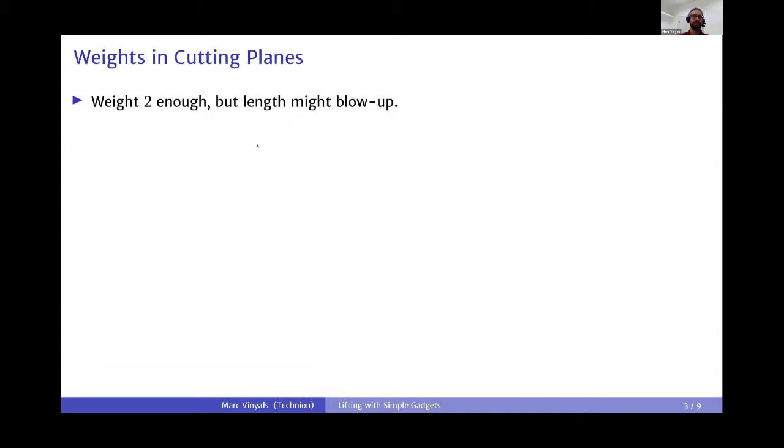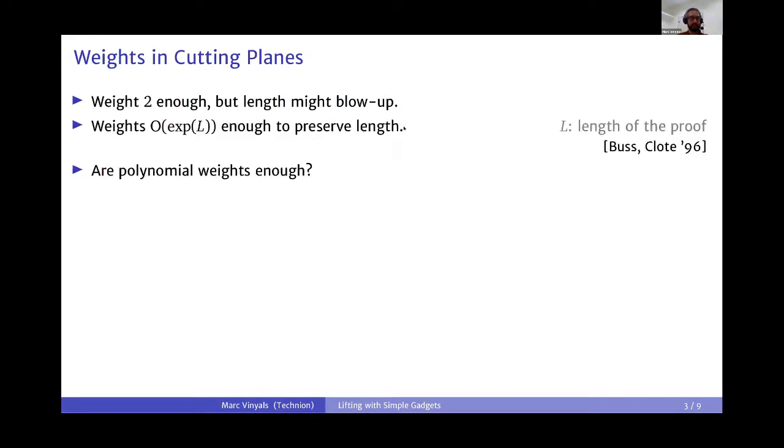However, we might be paying a hefty cost for that, because by insisting on very small weights, it might be that the length of the proof has to blow up. This is in fact something that Buss and Clote studied back in '96. They proved that we don't need to despair if we have exponentially large weights, since that is enough to preserve the length of the proofs with at most a polynomial blow up.